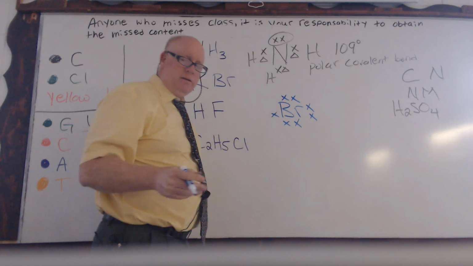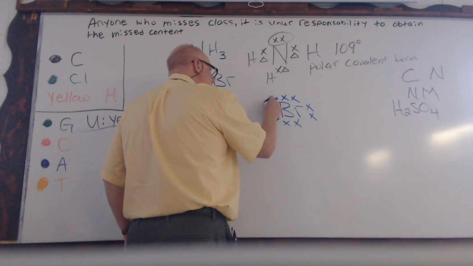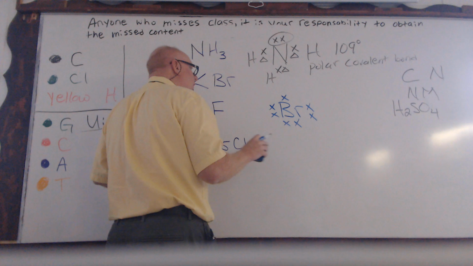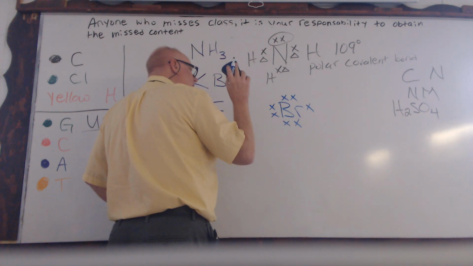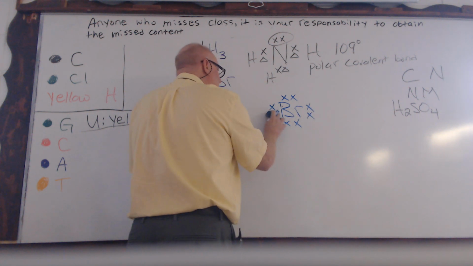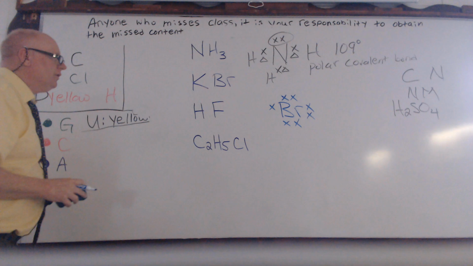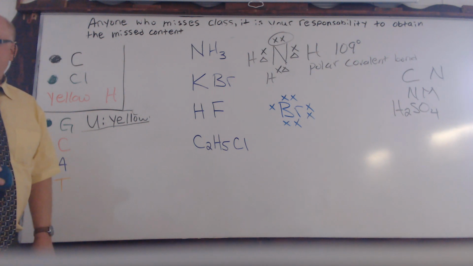If you can put 2 of them over here and leave 1 up there, it doesn't matter. It's just that we read left to right, so it makes the most sense to do that. So then bromine wants how many more electrons?